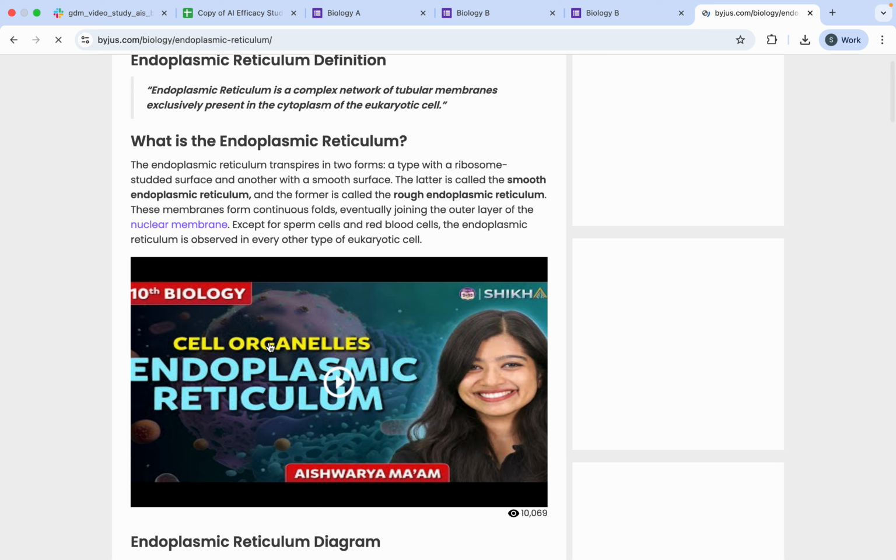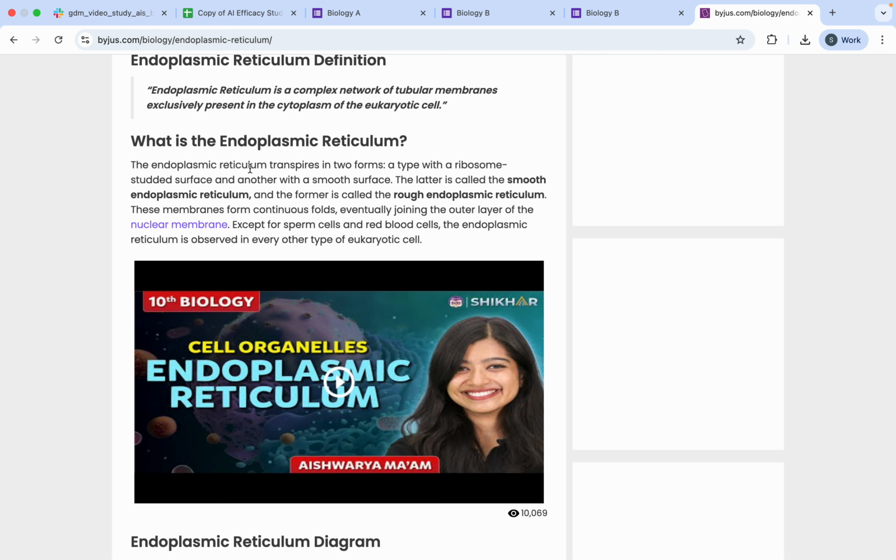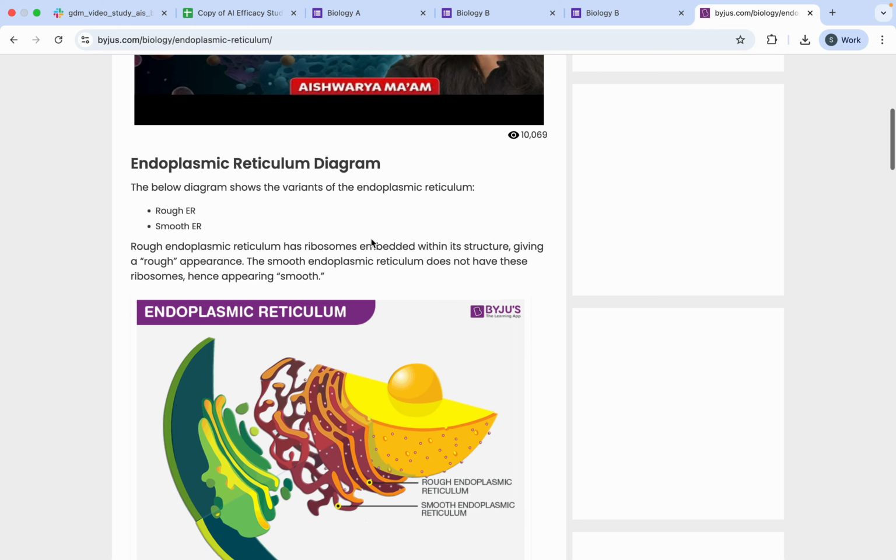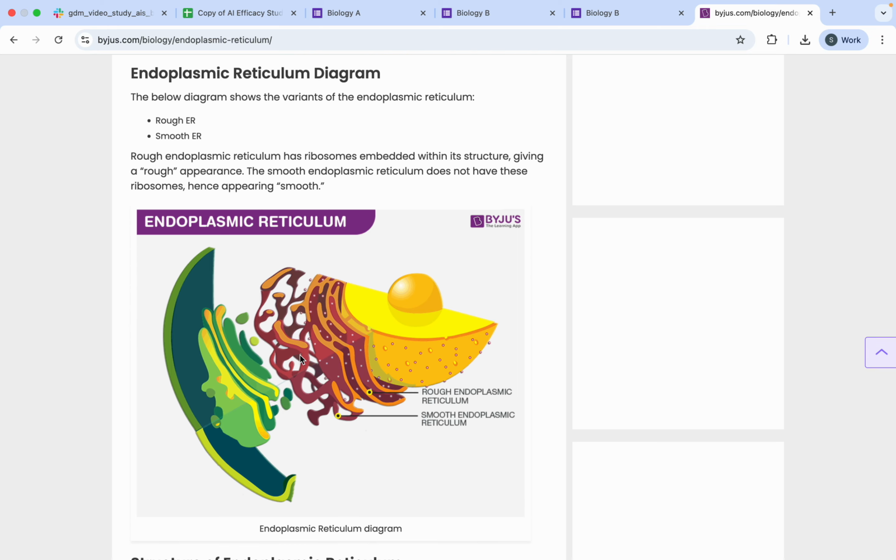Let's check. The endoplasmic reticulum forms in two types: one with a ribosome-studded surface and one with a smooth surface. The latter is called the smooth endoplasmic reticulum and the former is called the rough endoplasmic reticulum. Here we can see this figure.